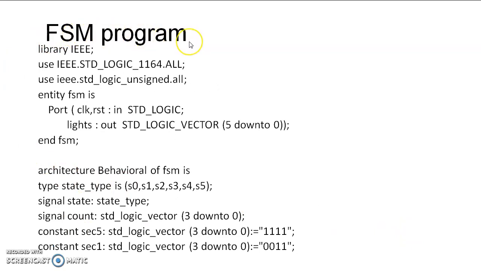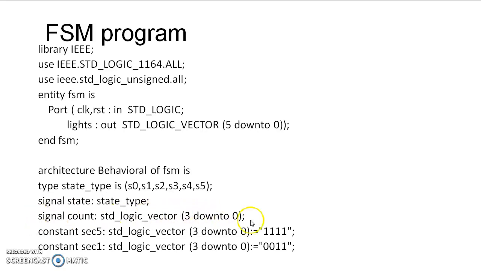First we will see the FSM program. In the FSM program, inputs are clock and reset, outputs are 6 LEDs. Here the states S0 to S5 are designed as user defined states with the name state type.